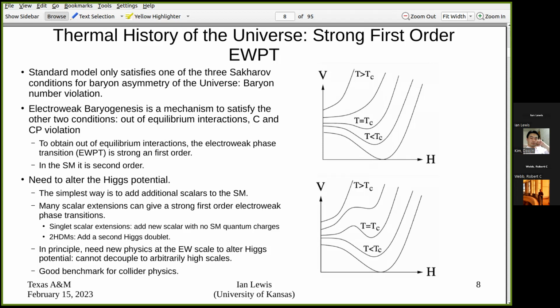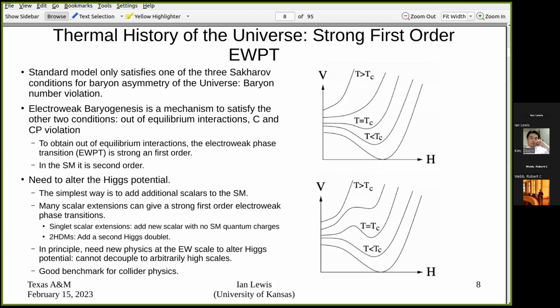You need C and CP violation. That basically tells you that once you have baryon number violation, you actually have processes that can create more baryons than antibaryons. Then you want out-of-equilibrium interactions, such that when I have a process that creates more baryons than antibaryons, I can't go backwards. So the process goes forward, but not backwards. Electroweak baryogenesis is a mechanism that satisfies at least two of these conditions, because the Standard Model doesn't.